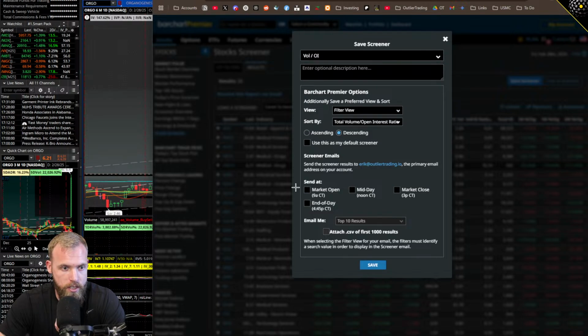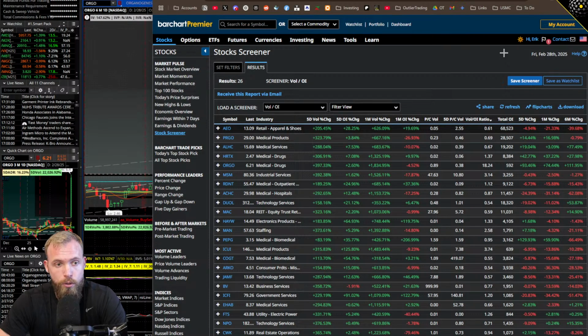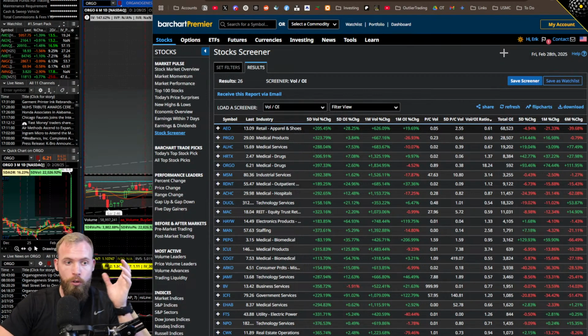We want to do it descending, and we want it both at market open and market close, because then this will give us an idea throughout the day as people are putting positions on. Midday is also fine, depending on what period you might try to trade the idea. But this is literally exactly how you can use something like volume over OI to get a little bit of a heads up that something's happening before the thing actually happens.